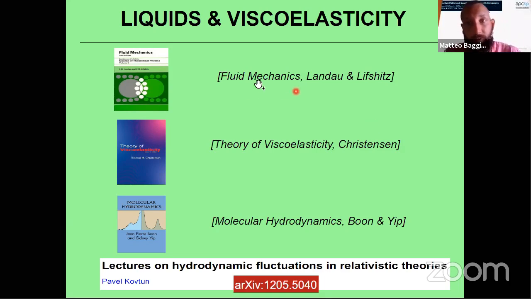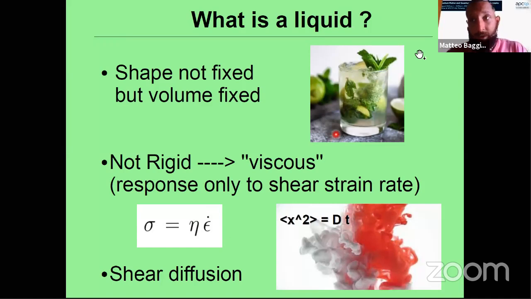These are very standard textbooks, and this is also a quite famous lecture on hydrodynamics. Again, let's start as yesterday from the very basics, and then we will go higher and higher in details.